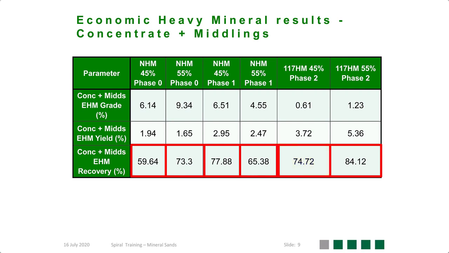Now if we look at 55% solids, we see a different trend here. In phase 0 we had around 73%. In phase 1 it went down to 65%, and then ultimately in phase 2 we've obtained 84% recovery, meaning that we've recovered close to the specified 85%, which is one step in the right direction.